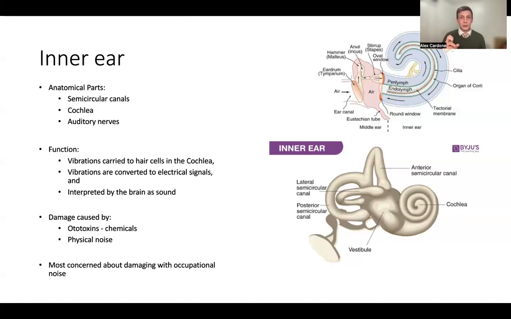Those reactions cause electrical stimuli to go through the auditory nerve and into the brain, where the brain can interpret those vibrations and electrical impulses as sound. That's ultimately the purpose of the inner ear: to take those vibrations and convert them into electrical impulses so that the auditory nerve can deliver them to the brain to be interpreted.